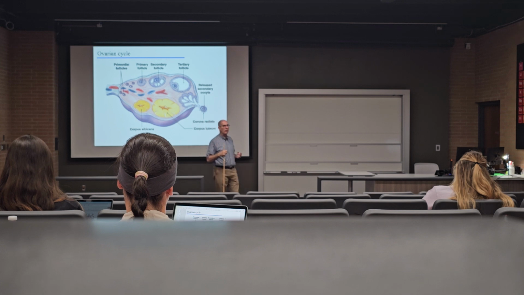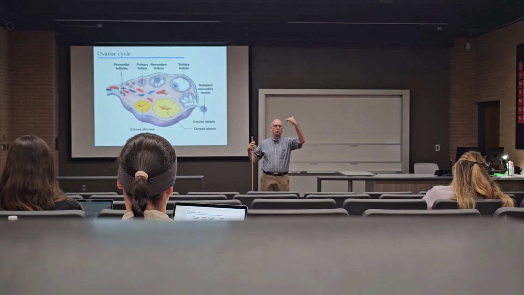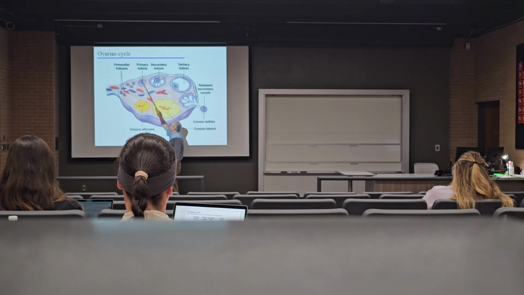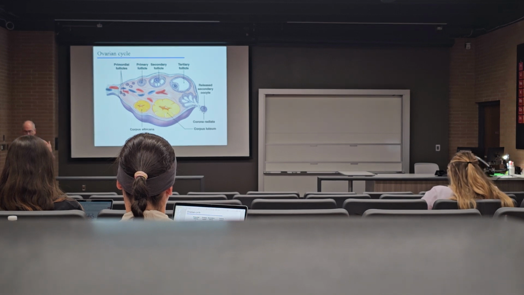We go from very thin, sort of squamous-looking follicular cells into nice round, or cube-shaped cells on the outside. And we produce what is known as the primary follicle. That primary follicle is producing estrogen. It is also producing inhibin, which turns off the other follicles. So as we produce estrogen, we're also producing inhibin to prevent another cycle from starting.